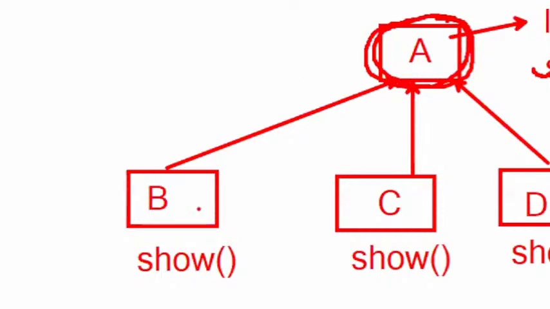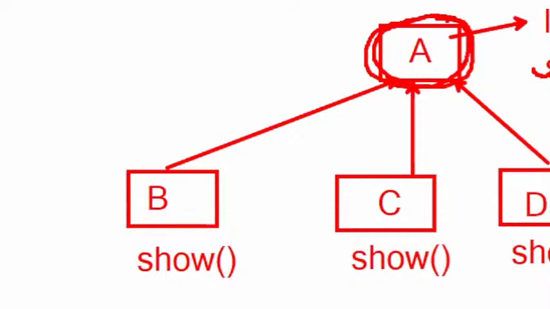Very clear, you will understand in the advanced Java class. Inherited in B class, compulsorily you have to override this method. Inherited in C class, compulsorily override in C class. Inherited in D class, compulsorily override in D class. So about 10 classes are there, where the show method is inherited and overridden.